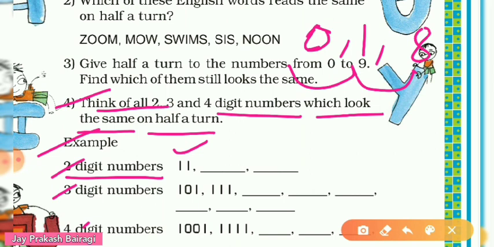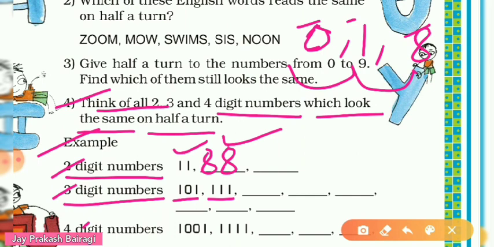Now second we can make 88. These two numbers we can make only. Then come to the 3 digit numbers. Remember that you will use only 0, 1 and 8 to make the half turn numbers. So 101 is written here, 111 is written here. Now from the 8 you can make some numbers. You can write 888.